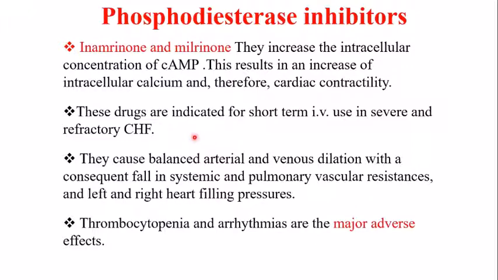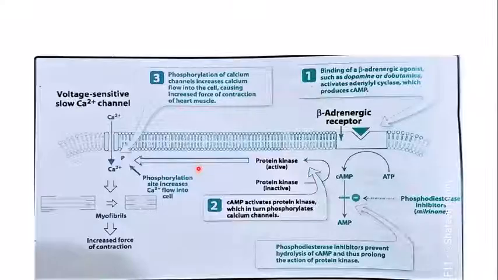They cause balanced arterial and venous dilation with a consequent fall in systemic and pulmonary vascular resistance and left and right heart filling pressure. Thrombocytopenia and arrhythmias are the major adverse effects of the phosphodiesterase inhibitors. Basically, what are phosphodiesterase inhibitors doing? They prevent the hydrolysis of cyclic AMP and thus prolong the action of protein kinase.